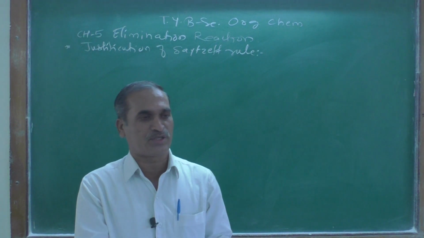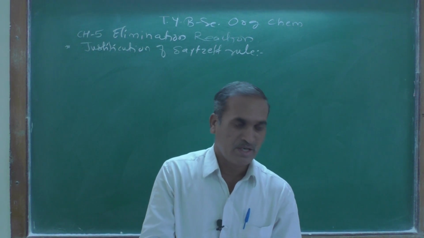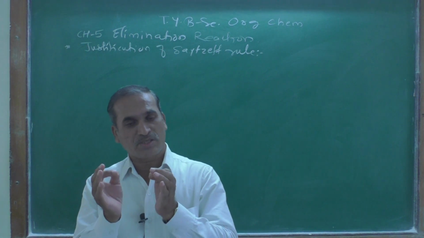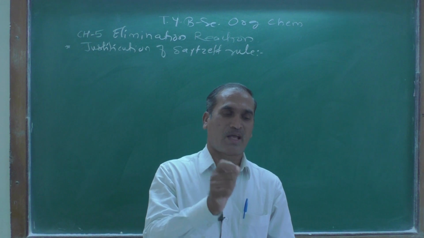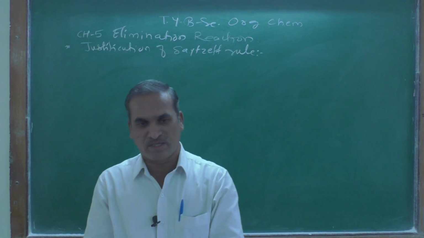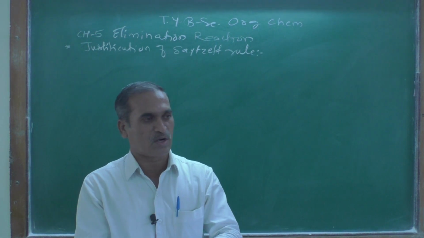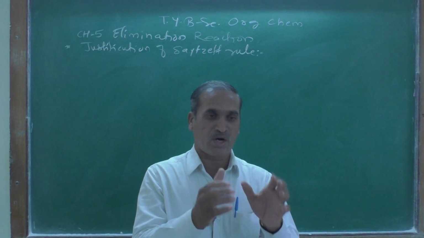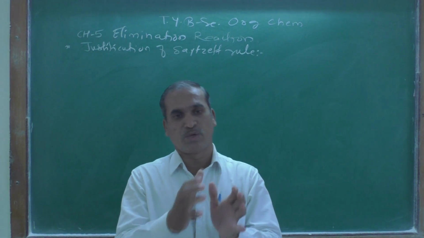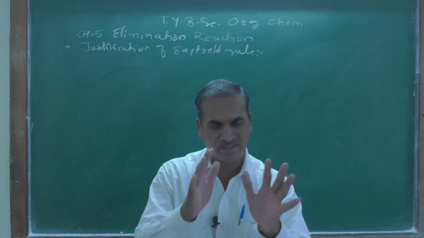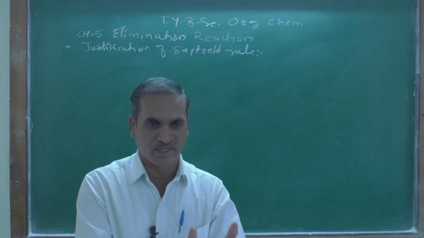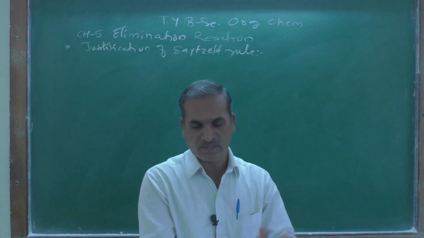What is the definition of the Saytzeff rule? In an elimination reaction, the more substituted alkene is obtained as the major product. That is called the Saytzeff rule, and most E2 reactions occur by the Saytzeff rule. So up till now, we have discussed this.